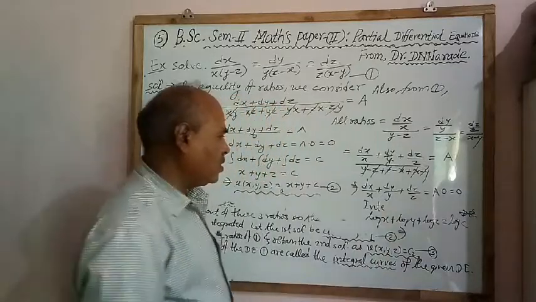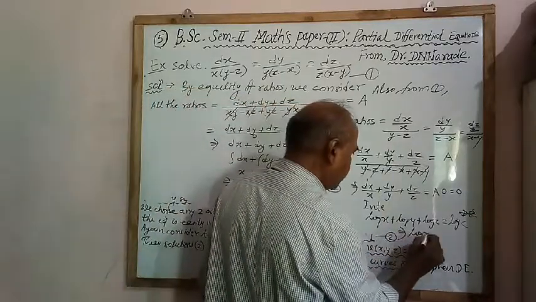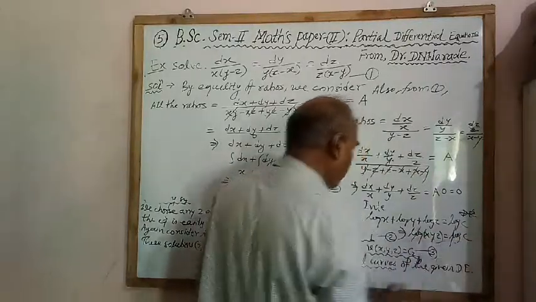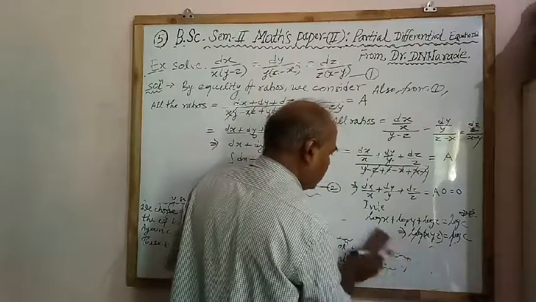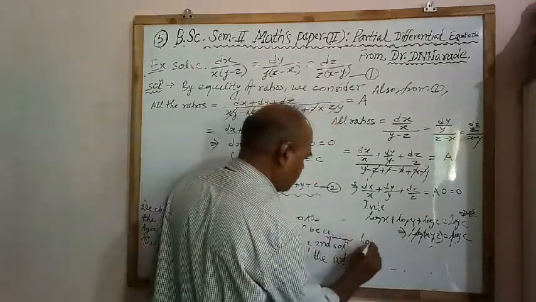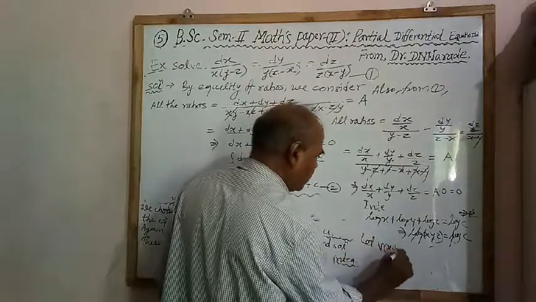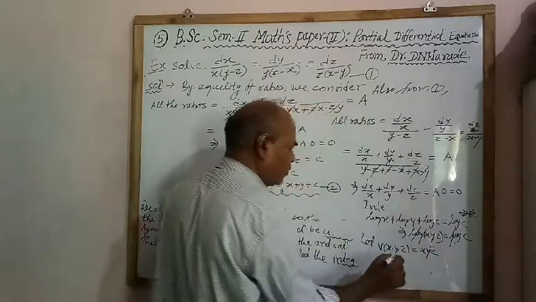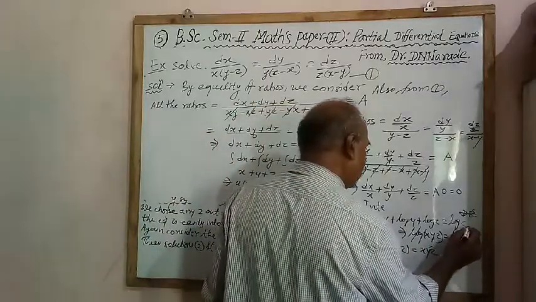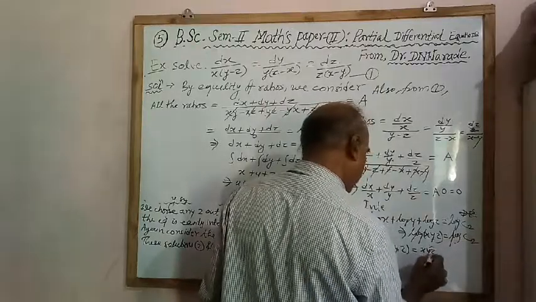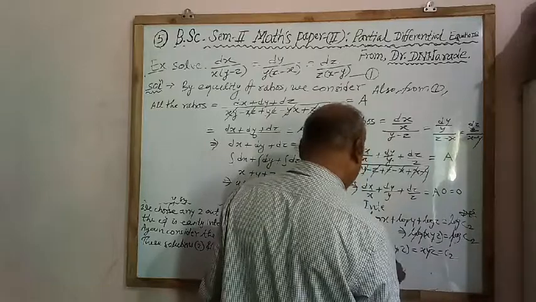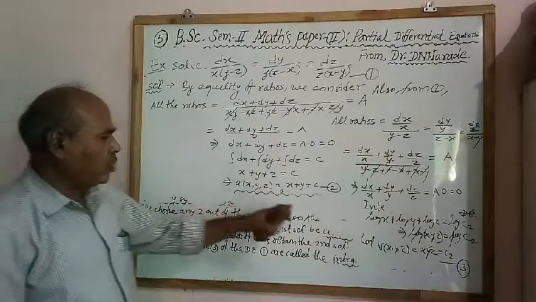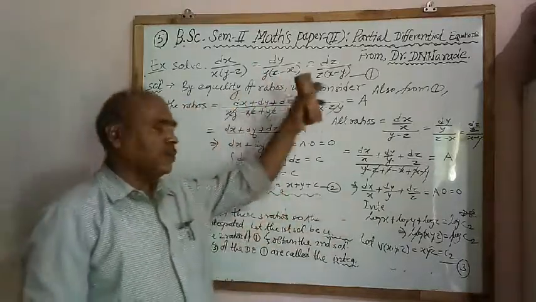Again, log x plus log y plus log z means log of xyz equal to log of c2. Cancelling log from both sides, we get the second solution, v of x, y, z equal to xyz equal to c2, which is the second solution. Therefore, equations 2 and 3 are the required solution of the given equation 1.